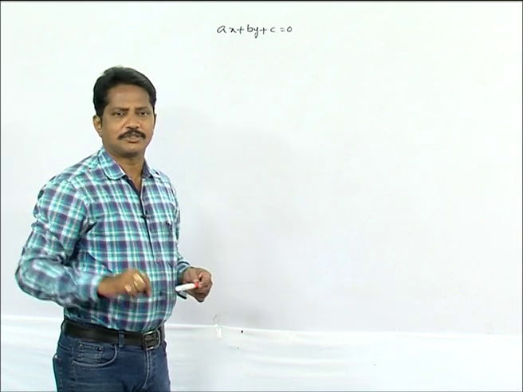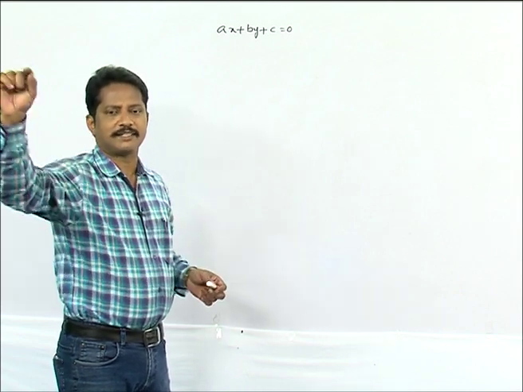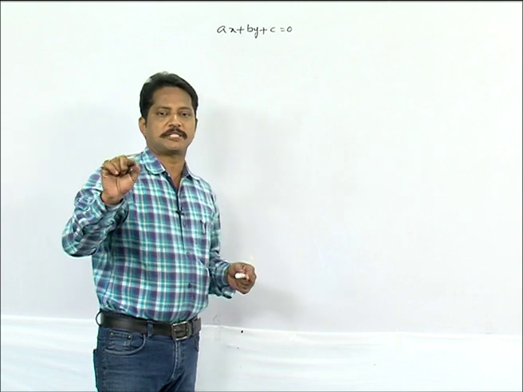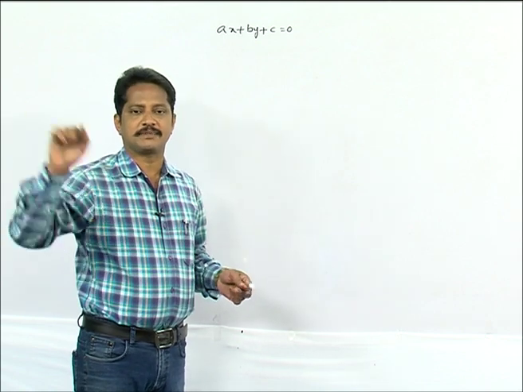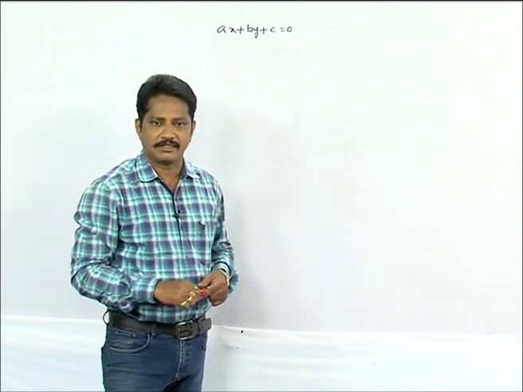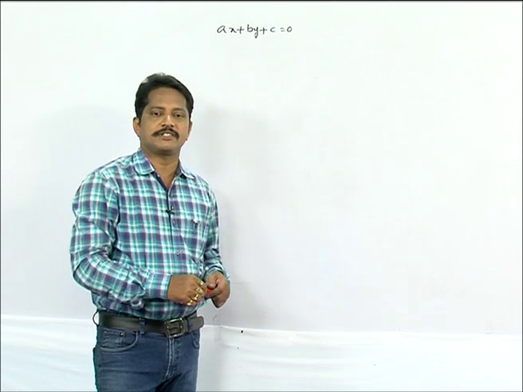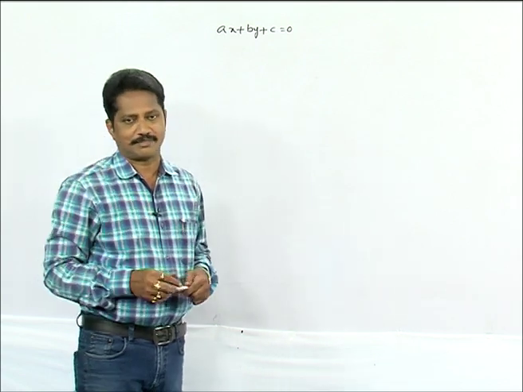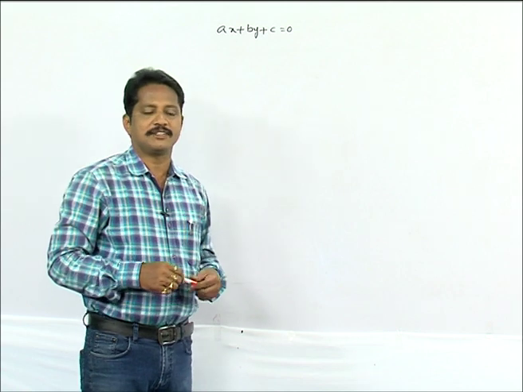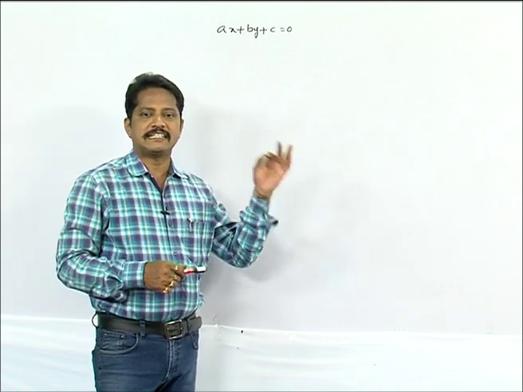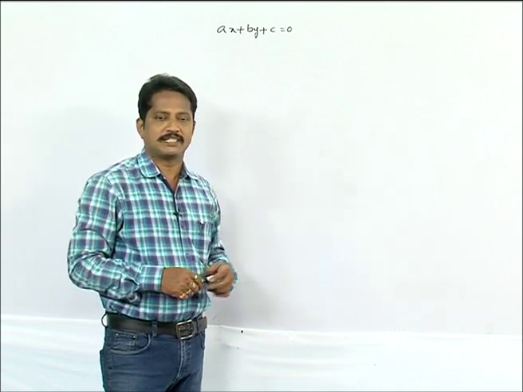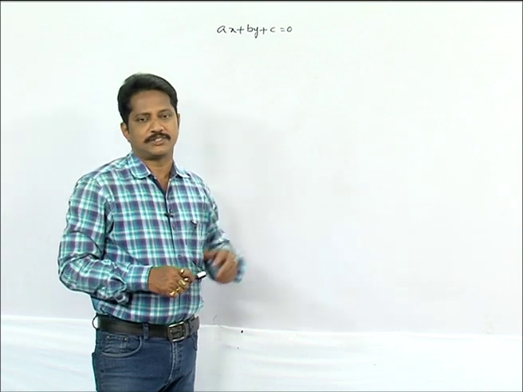You can see, y equal to x is a straight line passing through the origin, y equal to mx plus c is a straight line making an intercept on the y axis at the point (0, c), and ax plus by plus c equal to 0 is the general equation for a straight line. As per algebra, it is a linear equation in two variables.